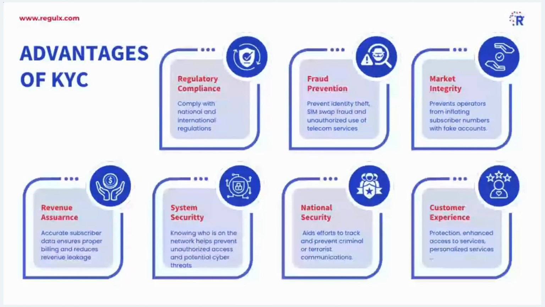Some fraudsters will claim your number to use on other SIM cards or other phones to have access to your services. For example, if you access your bank account using your phone number, they can easily do that when your KYC is very weak. So strong KYC is really important for fraud prevention.